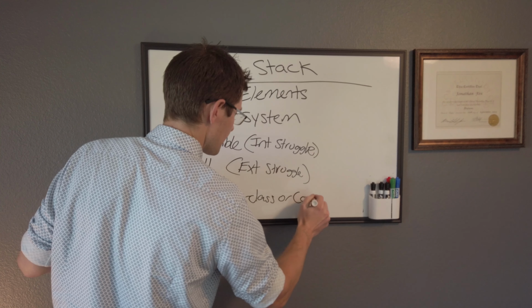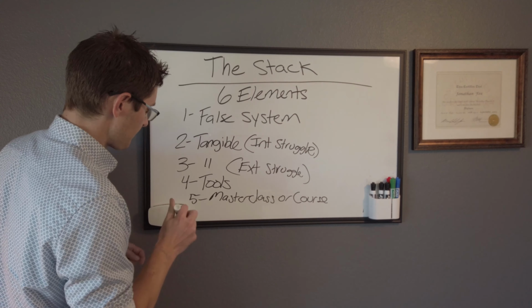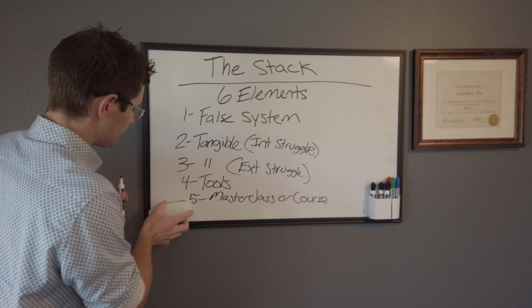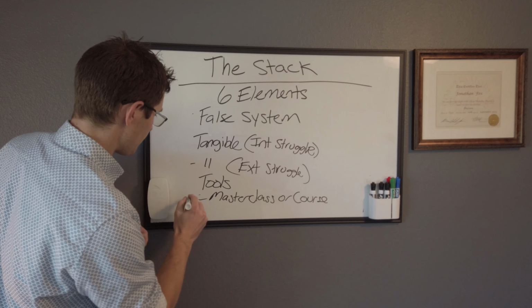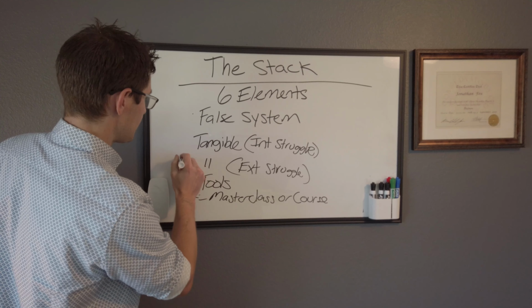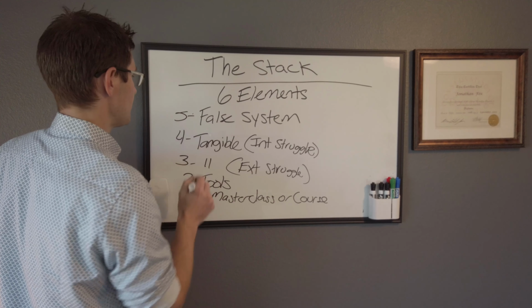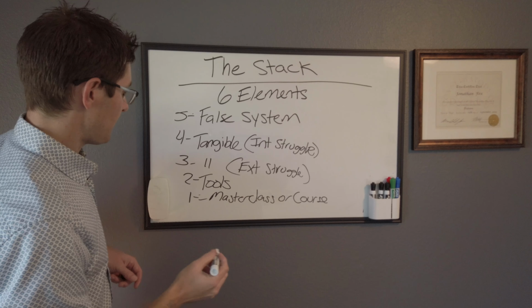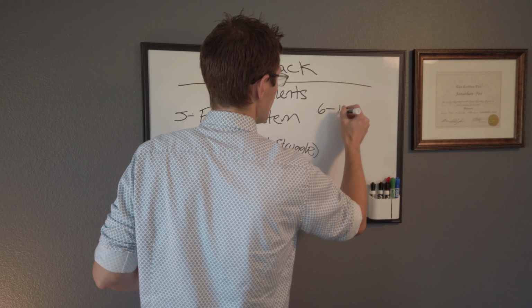I apologize, the masterclass and tools. This is number 1, number 2, number 3, number 4, number 5, and then the final 6th and final one would be a bonus.